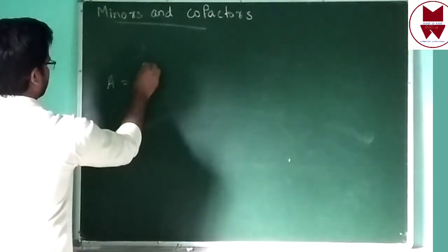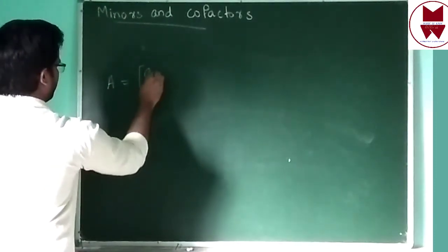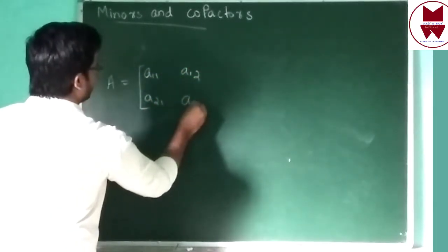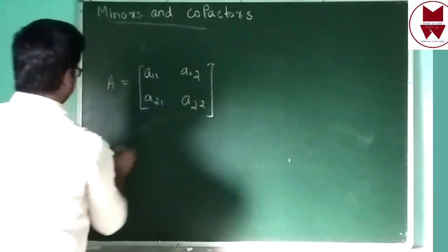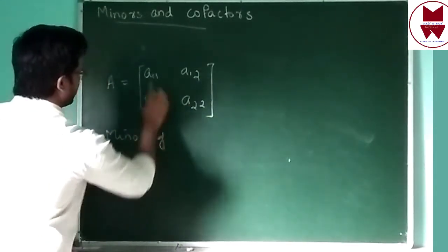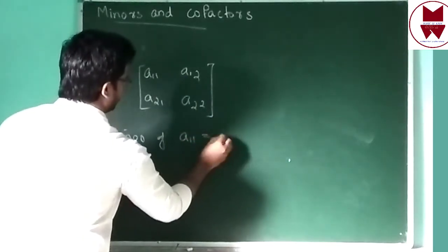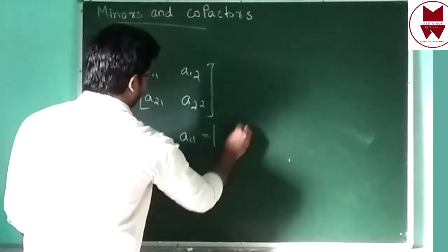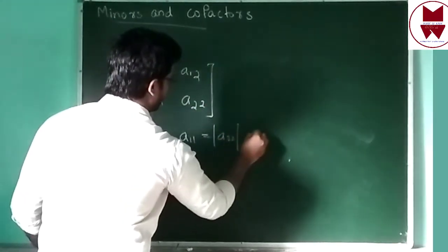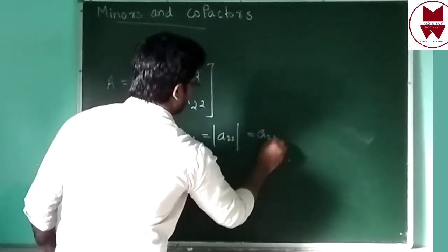Again we can check the previous example a11, a12, a21, a22. The minor of a11 equals the determinant of, just leaving this, a22. The answer is a22, that element.